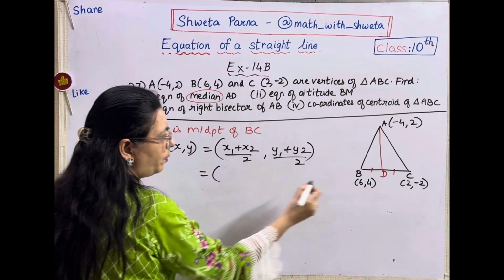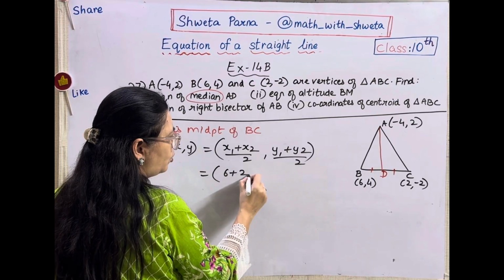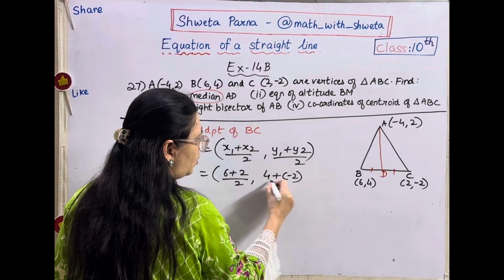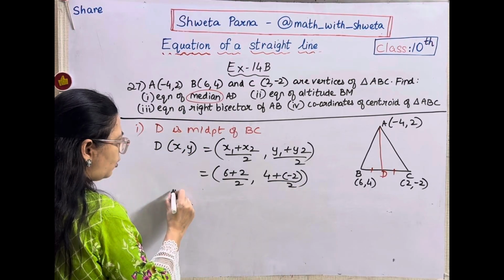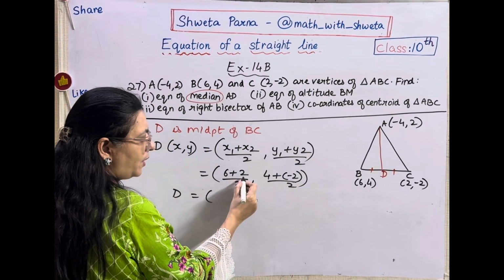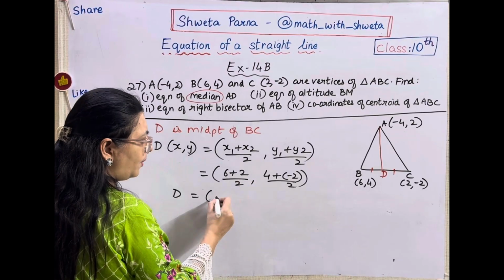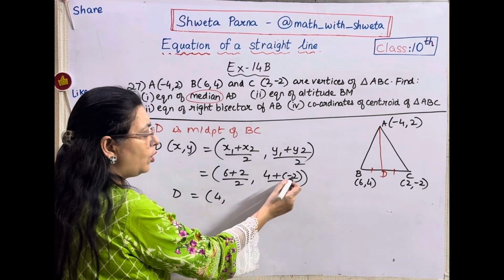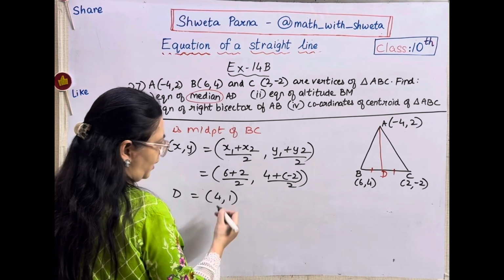So here it would be 6 plus 2 upon 2 and 4 plus minus 2 upon 2. So what are the coordinates for D? 6 plus 2 is 8. 8 divided by 2 is 4. 4 plus minus 2 is 2. 2 divided by 2 is 1.